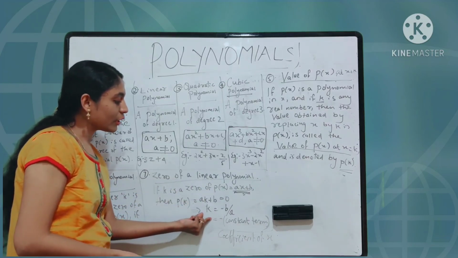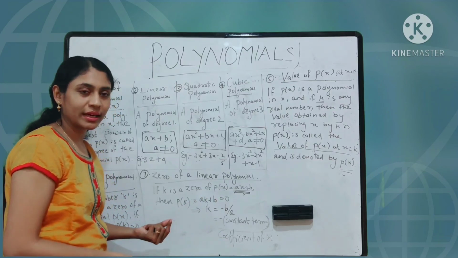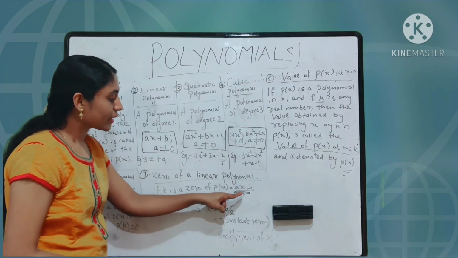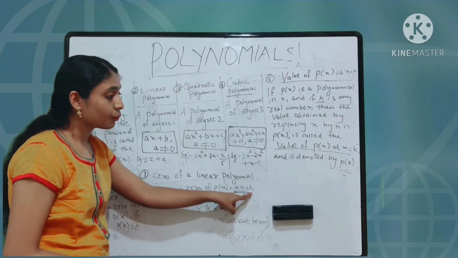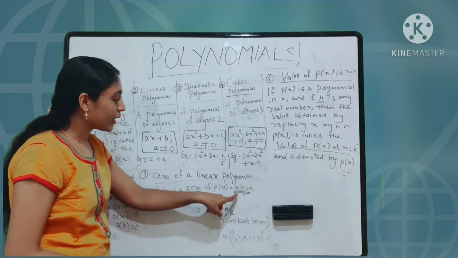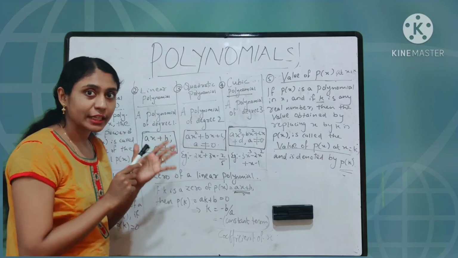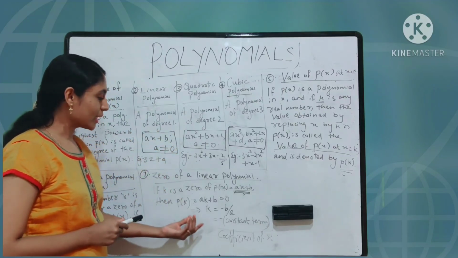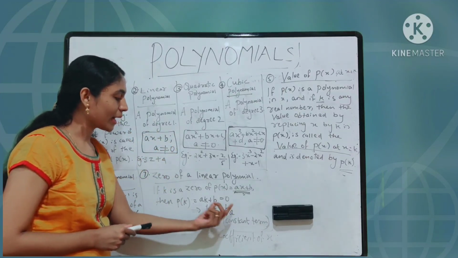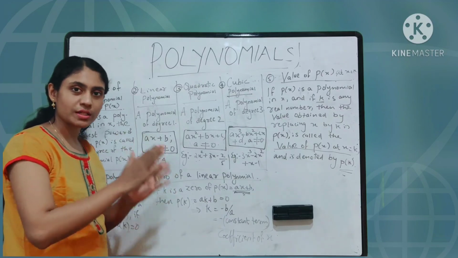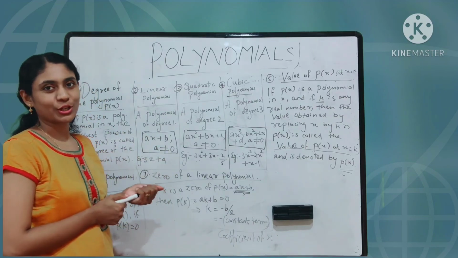So that we will get the value of k is equal to minus b by a. And what is minus b by a in case of a linear polynomial? Minus of b, the constant term, divided by a, the coefficient of x. So we can find the 0 of a linear polynomial by using this formula, that is k is equal to minus b by a, which is minus of constant term divided by coefficient of x.